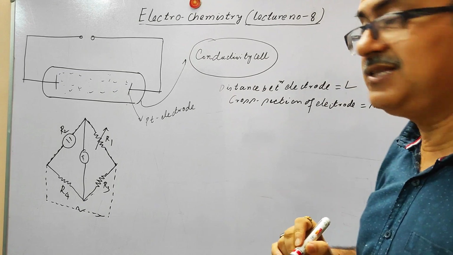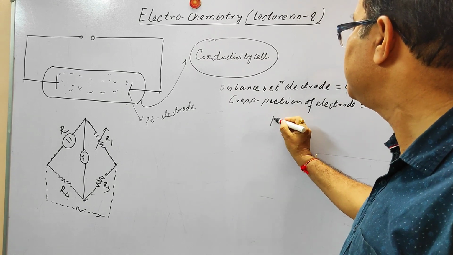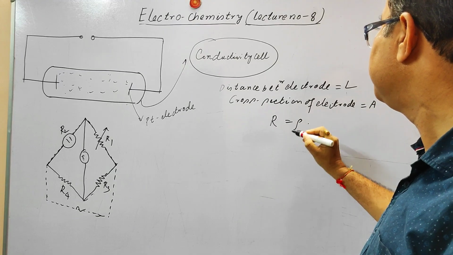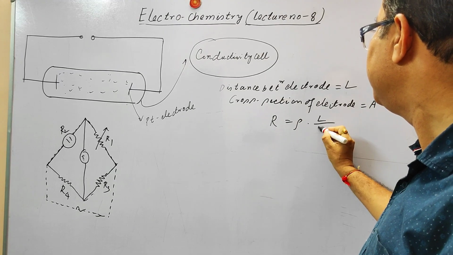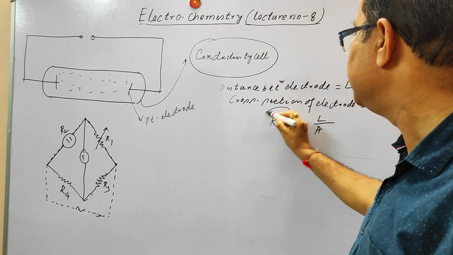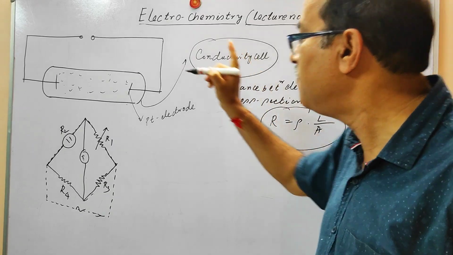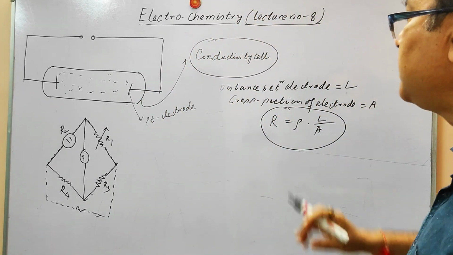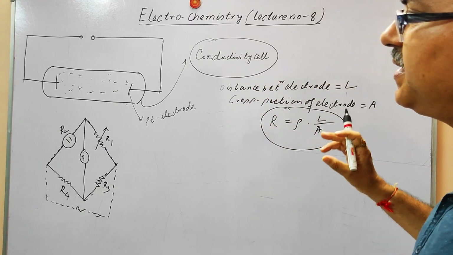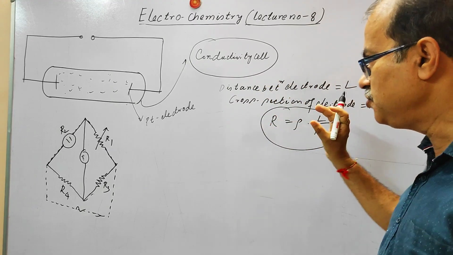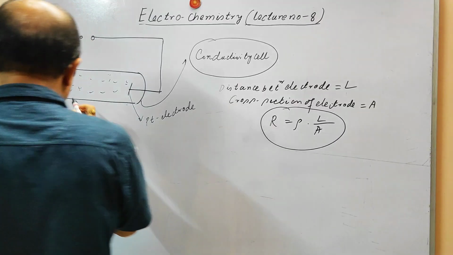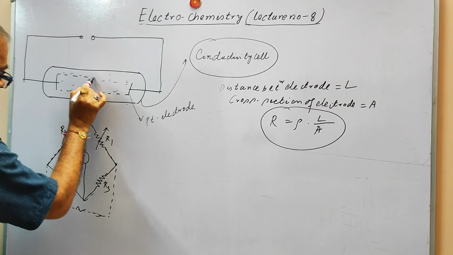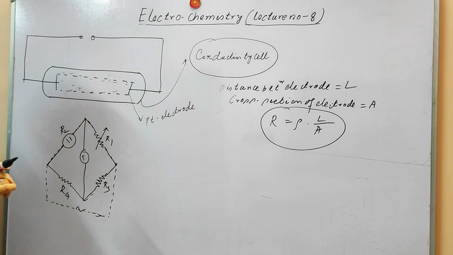So what will be the resistance? So resistance, we know R is equal to resistivity into capital L by A. This will be the resistance of this ionic liquid, where you can assume this liquid is like water, like a liquid column.